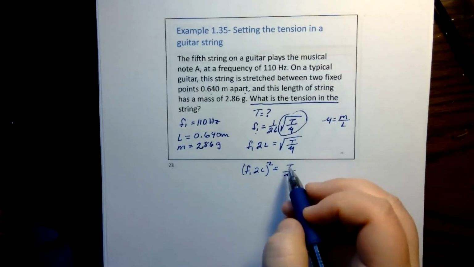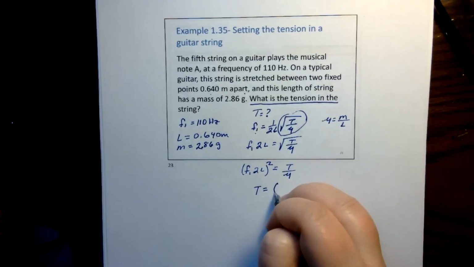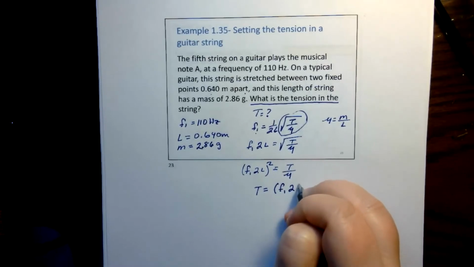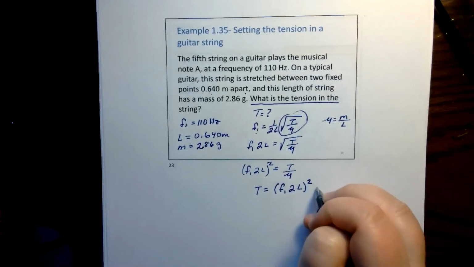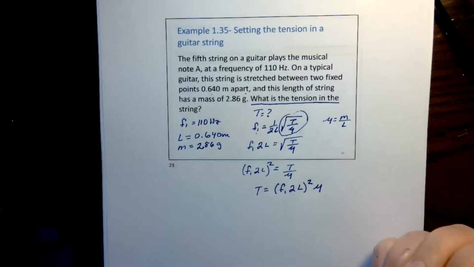Solving for T, T is equal to F1 times 2L, squared, times mu. Now we know everything but mu, so we're going to have to find mu.